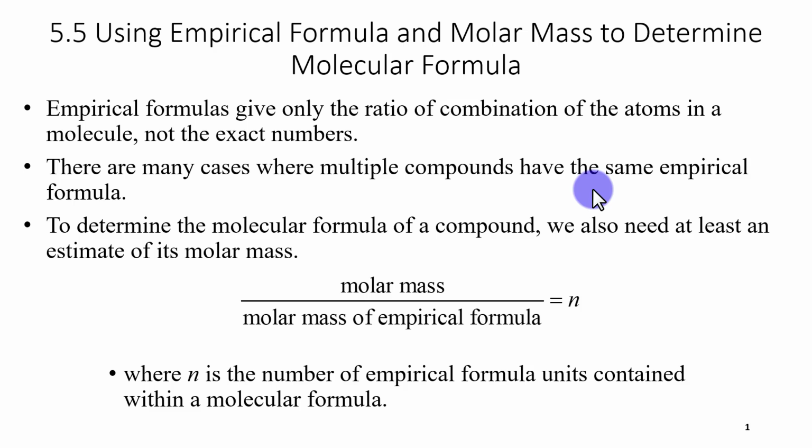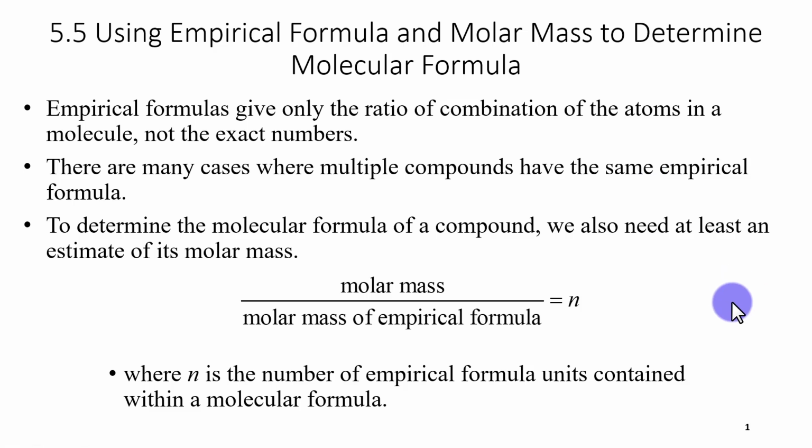They simplify to the same empirical formulas, but their molecular formulas, and therefore their molar masses, are going to be different. And we're going to learn how to figure out the molecular formula if you have the empirical formula and the molar mass of the compound.